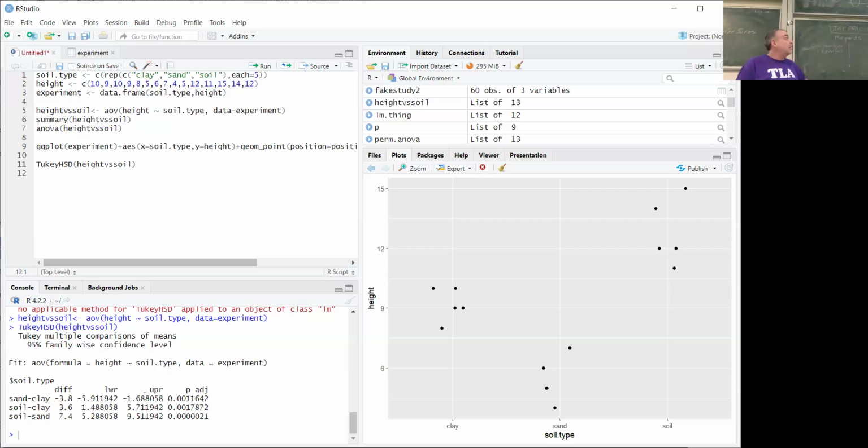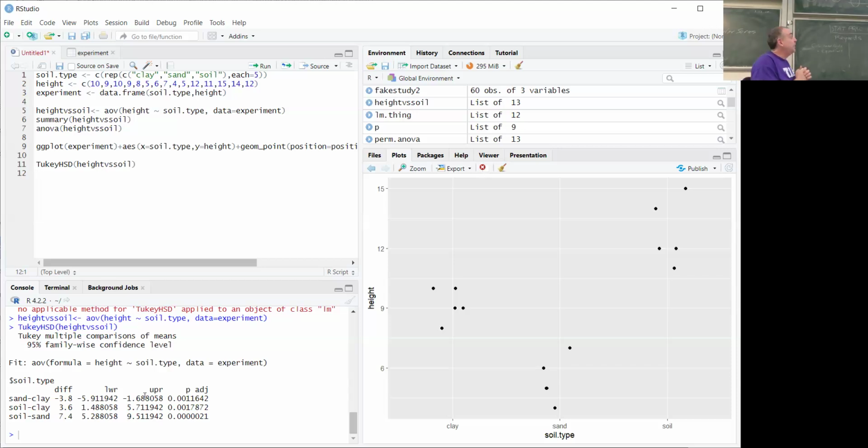If I had 6 groups, there'd be 15. And if there were 10 groups, I'd have like 45 of them. If something happens 5% of the time and you do it 50 times, it's probably going to happen. The 5% that you do with the p-values is the chance of accidentally saying that there's a difference when there isn't. And if you do something 50 times, and being wrong happens 5% of the time, it's probably going to happen once, right?